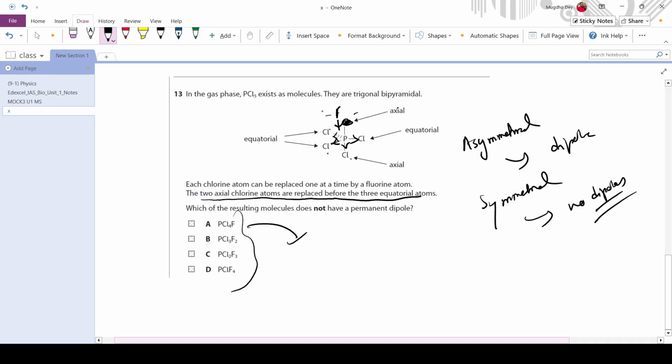Oh, okay. I think I did the opposite. Is phosphorus a higher electronegativity compared to fluorine? Yes, I believe. Yes. So yeah, is it? Okay, 1 minute. I need to check the periodic table.